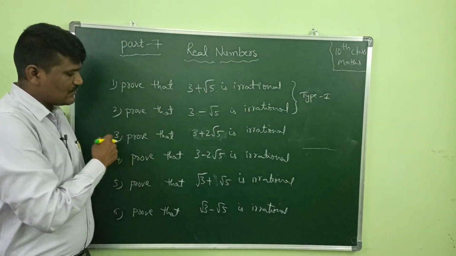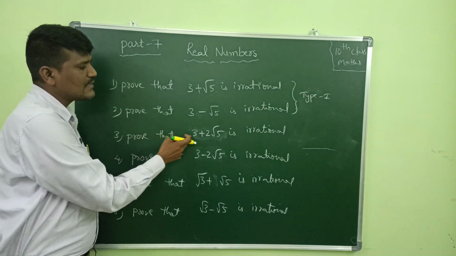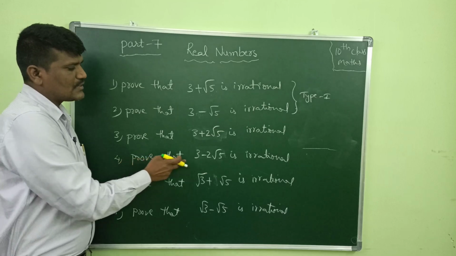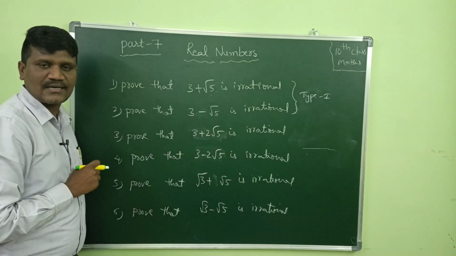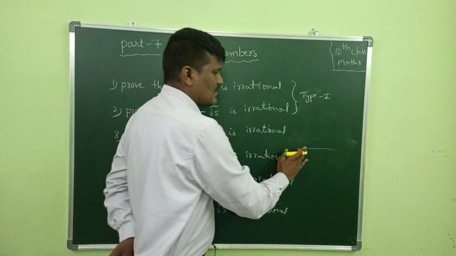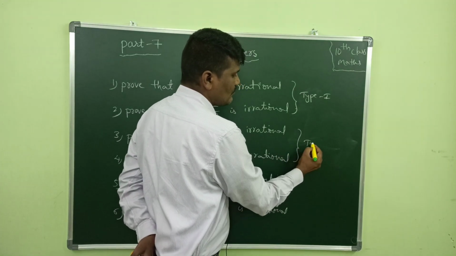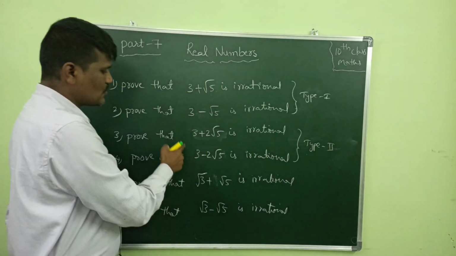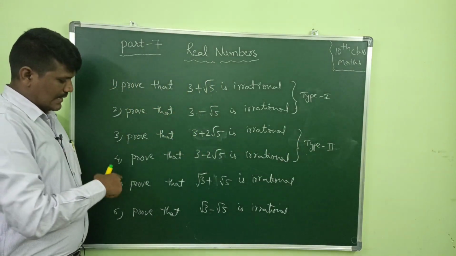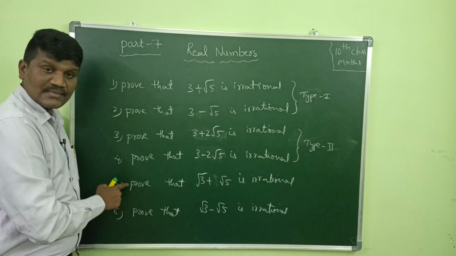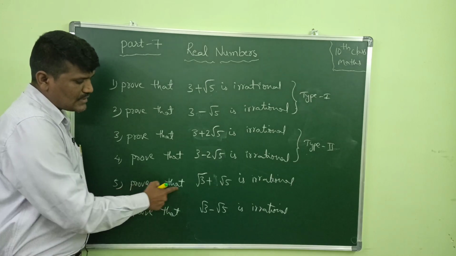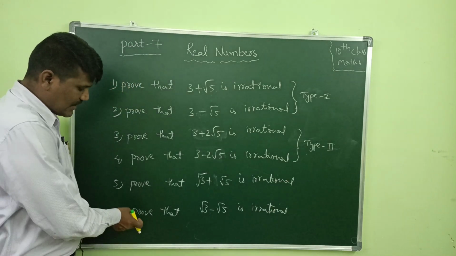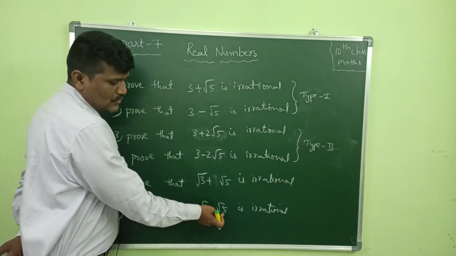And the second one: prove that 3 plus 2 root 5 is an irrational number, or prove that 3 minus 2 root 5 is irrational. This comes under type 2. And the most important one is type 3: prove that root 3 plus root 5 is irrational, and also prove, differing only by minus, root 3 minus root 5 is irrational.